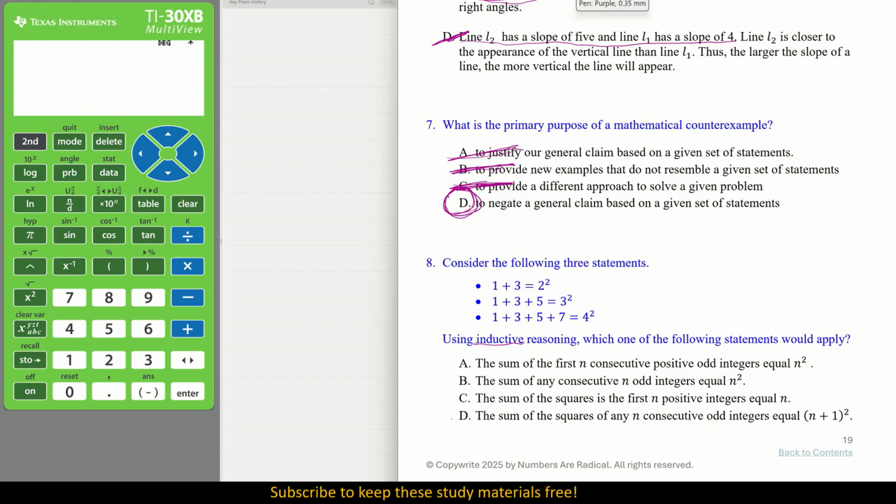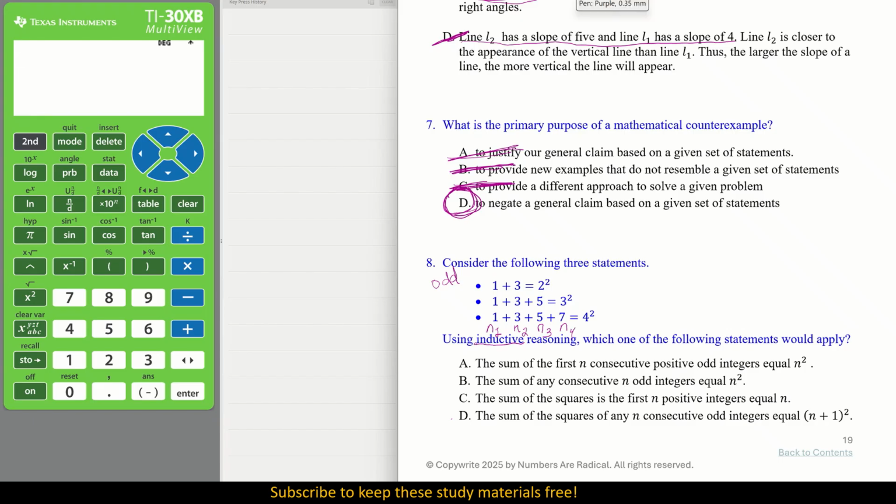I see that each of the values is odd, so I see odd numbers. And then each of them equals 2, 3, and 4 squared. I'm going to write underneath the last one there: n sub 1, n sub 2, n sub 3, and n sub 4.